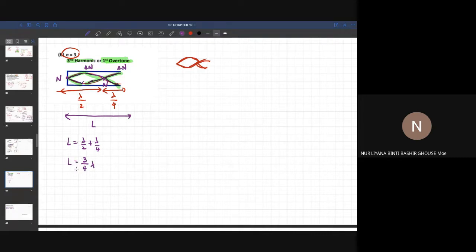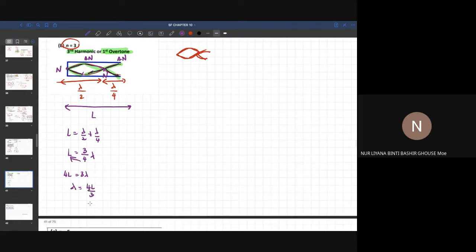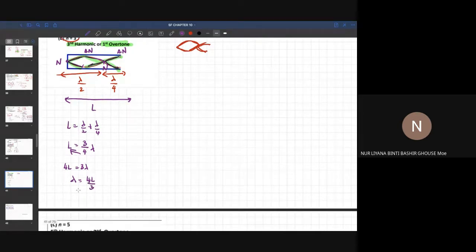Lepas tu kita akan darabkan 4 darab dengan L, so dia akan jadi 4L equals to 3 lambda. So lambda akan equals to 4L over 3. So yang ini adalah equation lambda kita.